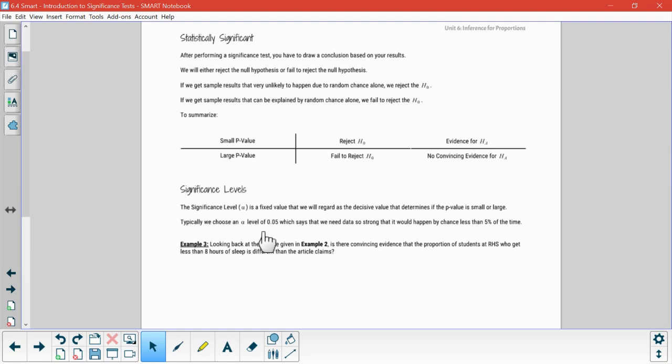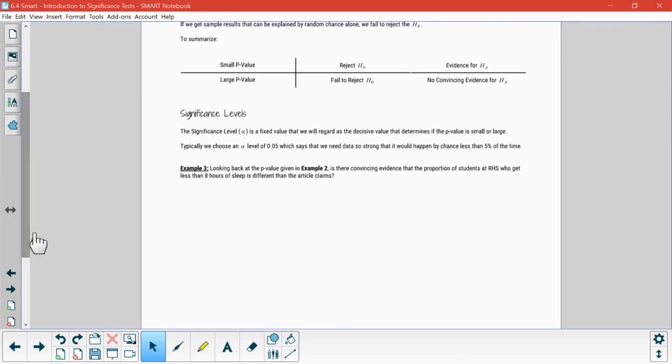Sometimes the question will change it, but the common one that is used is alpha of 0.05, and that's just a fixed value that we will regard as the decisive value to determine if the p-value is small or large. So we're going to compare it to 0.05, and that just means that we need data so strong that it would happen by chance less than 5% of the time.